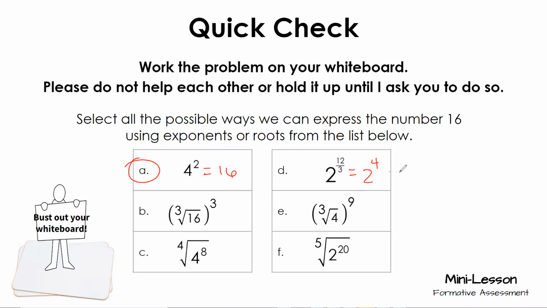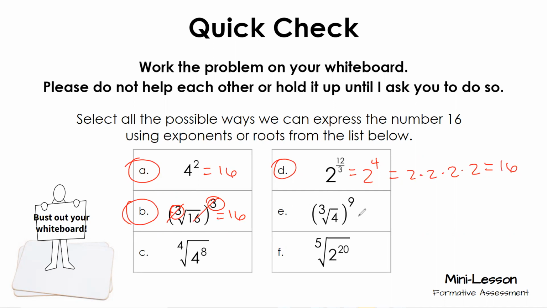And 2 to the 4th power is the same thing as 2 times 2 times 2 times 2, which would equal 16. On the next one, fun fact, if you have an index and an exponent that are the same, they cancel out, and so you're left with 16. That one also works.